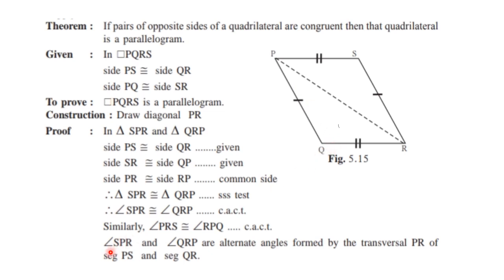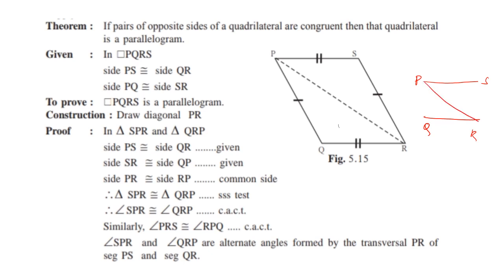Now, angle SPR and angle QRP are alternate angles which are formed by the transversal PR of segment PS and segment QR. If I have to show you like this, segment PS and segment QR, wherein PR is the transversal.